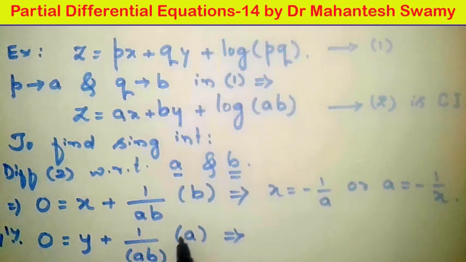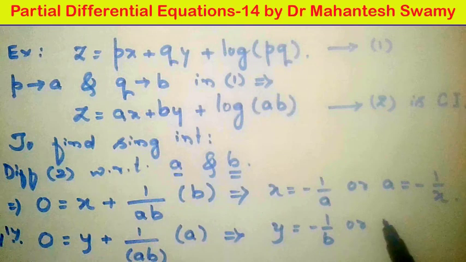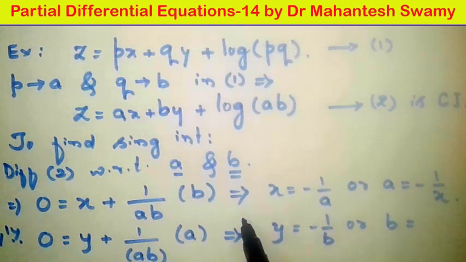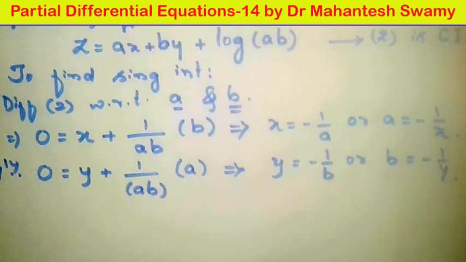So this implies a cancelled, it is 1 by b. When it is transferred to the other side, we get y equal to minus 1 by b, or b equal to, on cross multiplication, minus 1 by y. So we got the value of a, we got the value of b.